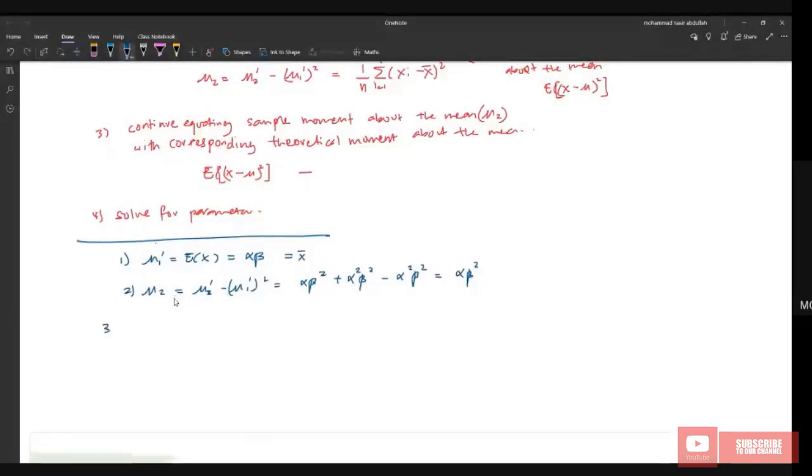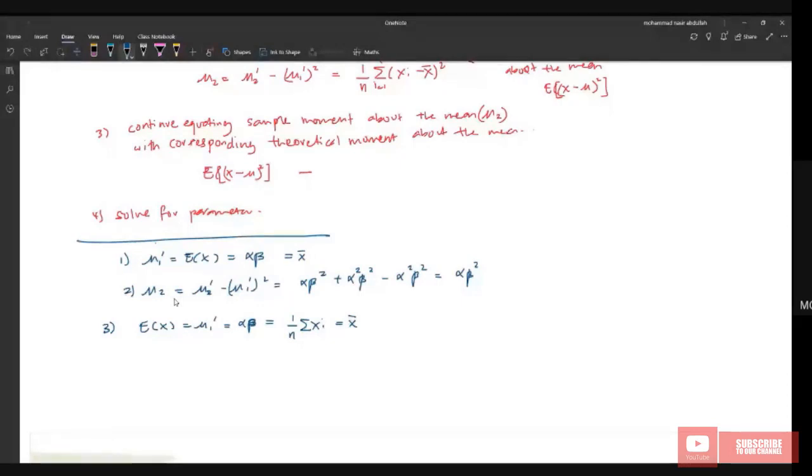The third step is we're going to equate the first theoretical moment about the origin with the corresponding sample moment. So the expected value of x is equal to mu1, which is equal to alpha beta, also equal to 1 over n summation of xi, which is x bar. So this is the sample mean, and this is the mean for the gamma distribution.